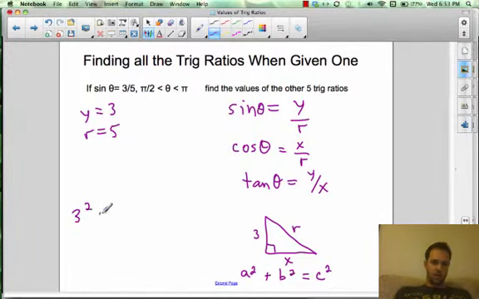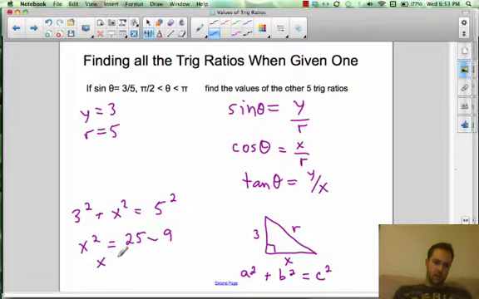So 3 squared plus our unknown value x squared, I guess we can write as equal to 5 squared, which is the radius squared. So x squared equals 25 minus 9. X squared equals 16. And x, of course, will be 4.